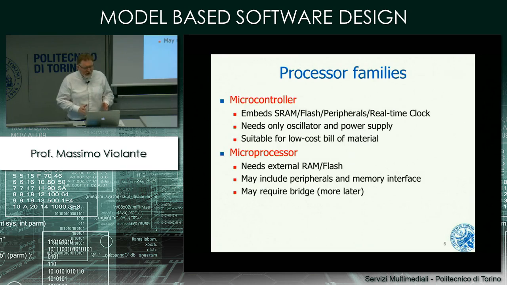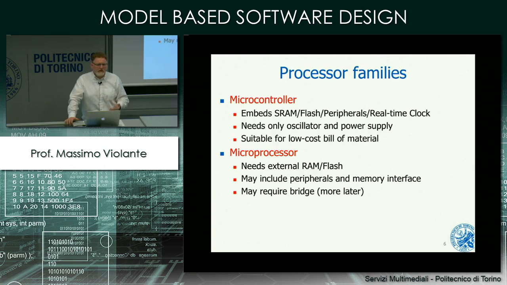So the microcontrollers embed the RAM, the flash, the peripherals, the real-time clock, and obviously the CPU. So all the functional elements that we have seen in the reference architecture are contained into a single chip. So very cost-effective, low performance, but everything is inside.